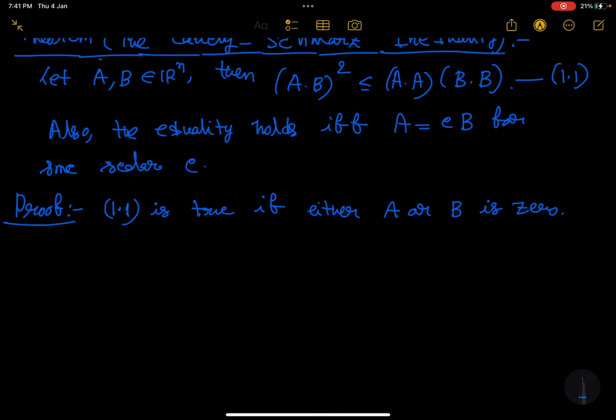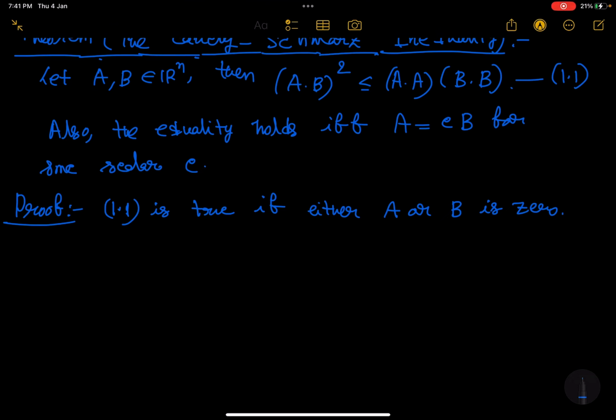Because if A is 0, then the left side will be 0 and the right side is always non-negative, because A dot A and B dot B are bigger than or equal to 0 by definition. If B is 0, similar logic will work. So the proof is fine if one of them is 0.